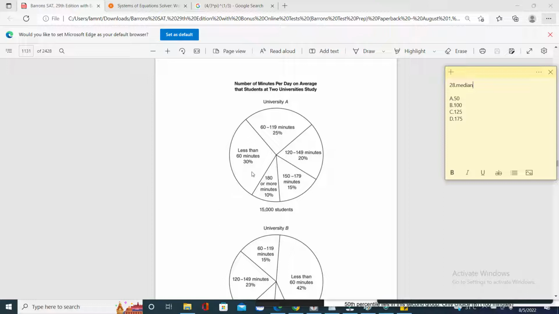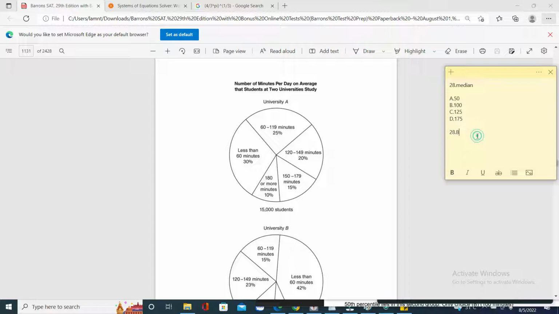So 30 plus 25 is 55% already, so the median is going to lie in the 60 to 119 region. So the answer is going to be B, 100, because it lies in that range.